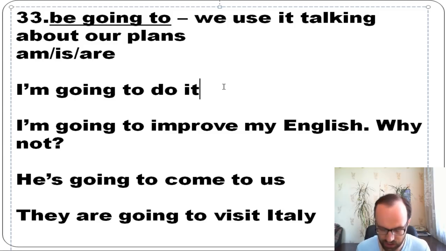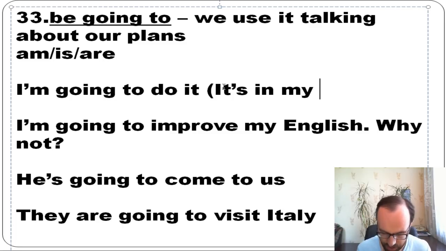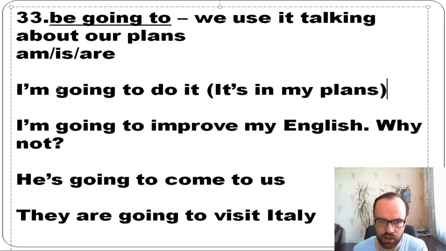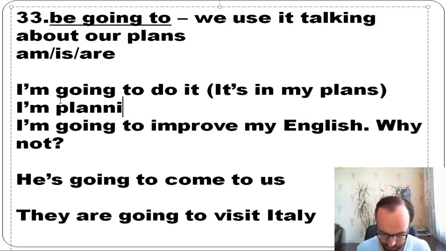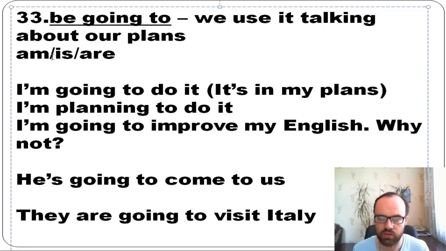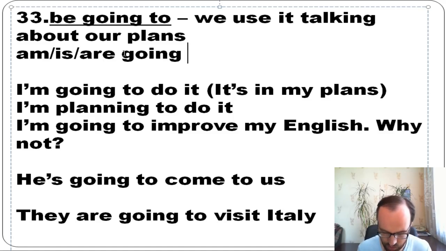It means that it's in my plans. You can also say, I am planning to do it. You just need to use am, is, or are. So the form of to be, am, is, or are, and then you say going to.